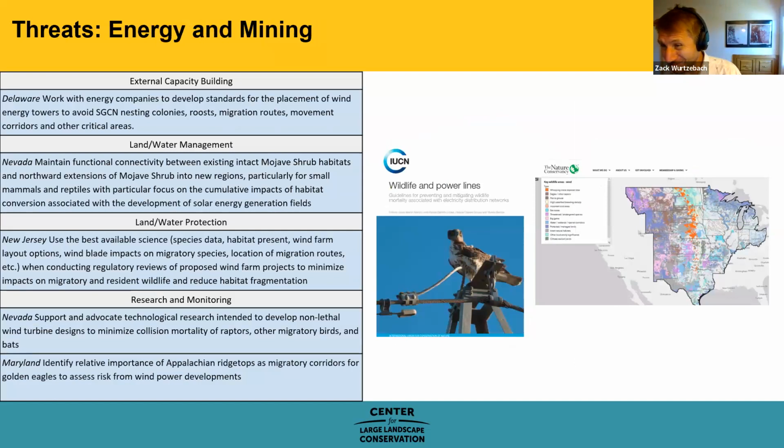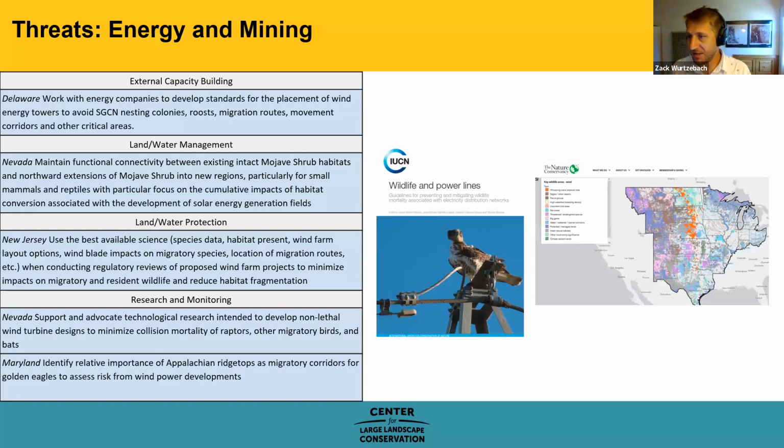Another one that's huge and growing, as we know, with attention to renewables, in particular, is energy and mining. And I think this is another really important one to pay attention to that we didn't see as much attention to in the 2015 SWAPs, but should be getting a lot more in the Northeast, out West, pretty much everywhere. This is also an area where there's been a lot more research over the past 10 years on measures and standards for mitigating impacts.